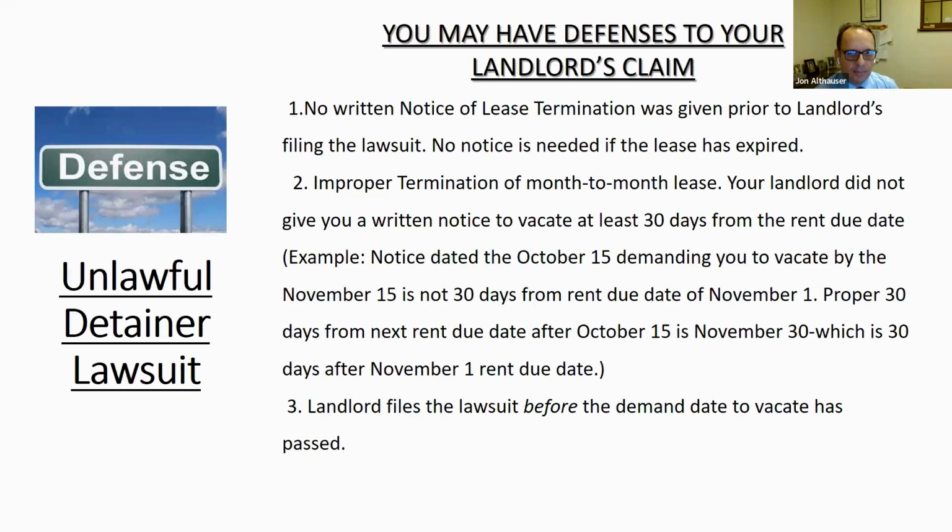So we see that issue a lot too, where there may be separate language in the lease that changes how the lease can be terminated. Now, a year lease is entirely different. Sometimes you see leases that are for 1 year.